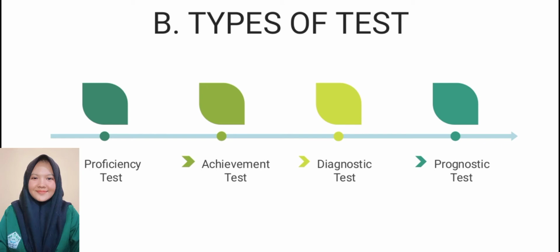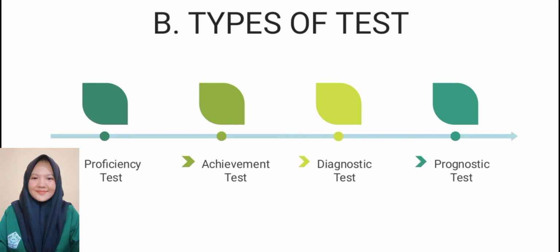Next, types of tests. Before designing a test, it's important to distinguish between proficiency, achievement, diagnostic, and prognostic tests. First, a proficiency test assesses a candidate's overall language competence rather than a particular course.